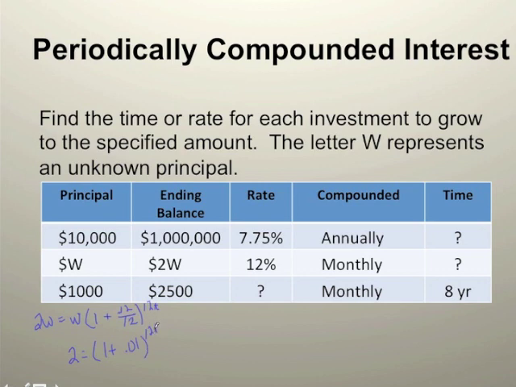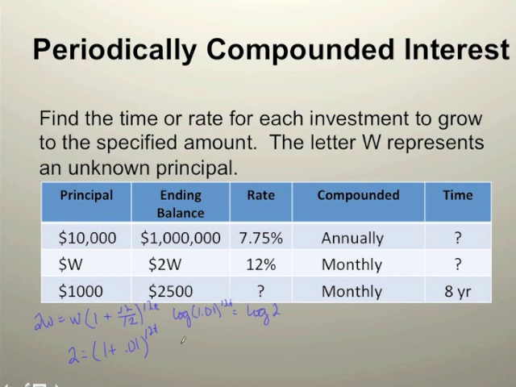to the 12t. Take the log of both sides. We'll have log of 1 and 100ths to the 12t equals log of 2.